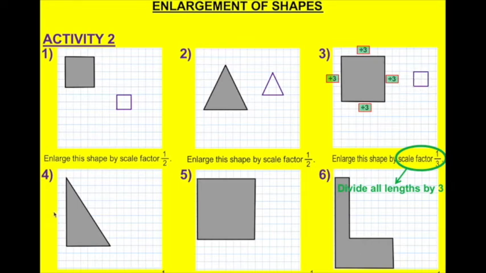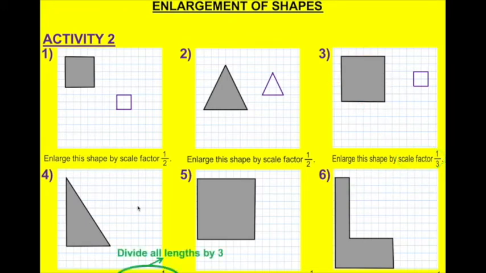And for the other 3 examples, it's just the same, so I'll just go quickly. For number 4, the scale factor is 1/3. So divide all lengths by 3. So there you go, that's the image. And number 5, the scale factor is 1/4.